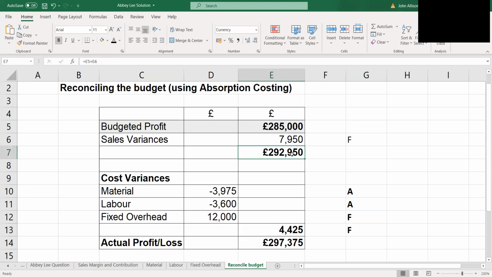So we'll do the 292,950 plus the favourable variance of 4,425, and that gives us an actual profit of £297,375. So that's then how we calculate the total budgeted profit.